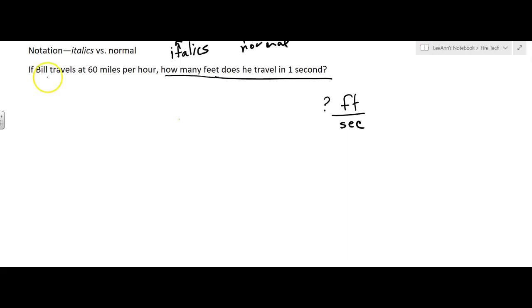Then start with what you know. You know he's going 60 miles an hour. He's going 60 miles in 1 hour, or 60 miles per hour. Okay, so then we just start using conversion factors that we know until we get feet per second.